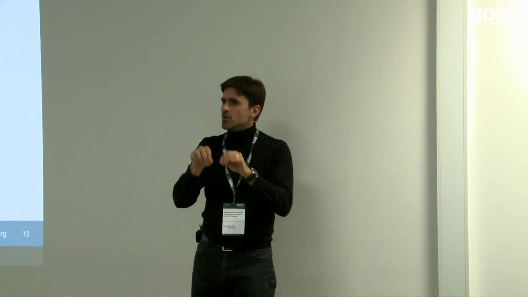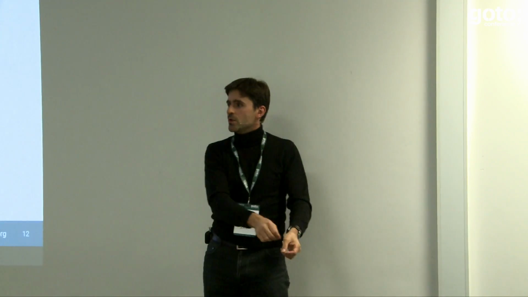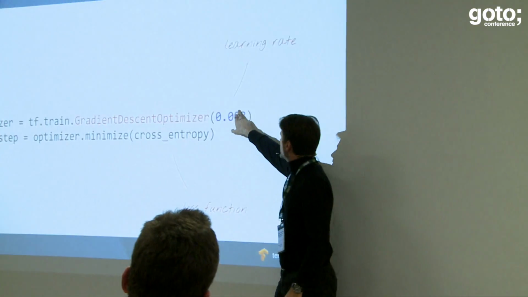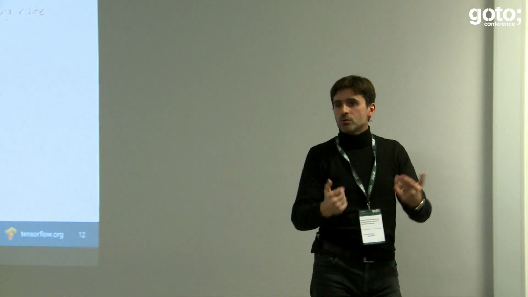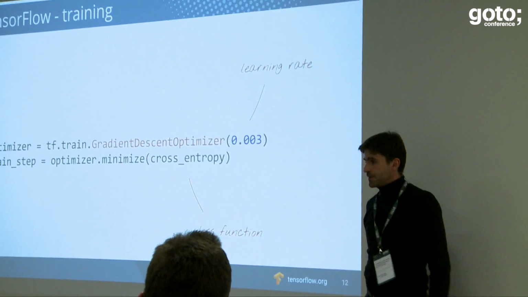So you need to go slow. Even if you know where the direction of steepest descent is, you need to go slow to actually reach the bottom. So this is just something by which you multiply the gradient before adding it to your weights and biases in order to go slow. It's called the learning rate. All right.